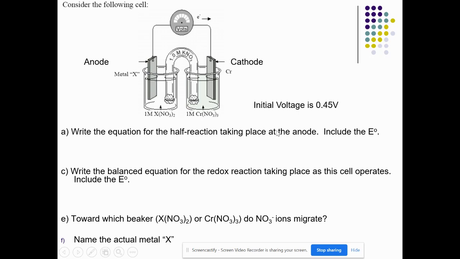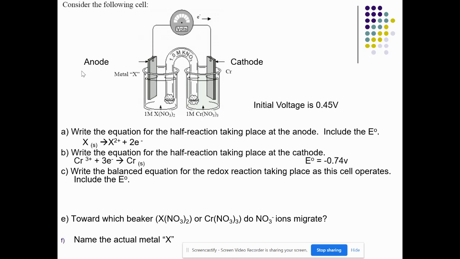So write the equation taking place at the anode, include the electron potential. So the one taking place at the anode, we don't know the electron potential yet, but we can find it out later. So equation happening at the cathode. So we're going Cr3+ plus 3 electrons is going to go to our solid chromium metal. And our electron potential for this one at our cathode, negative 0.74.